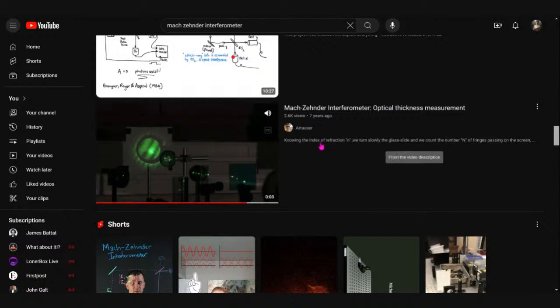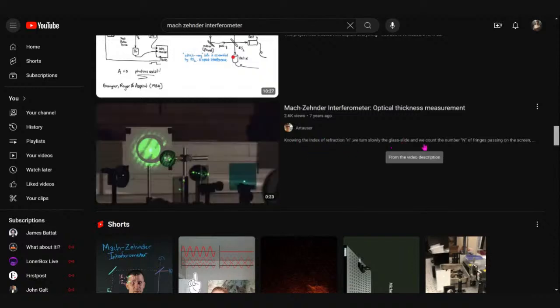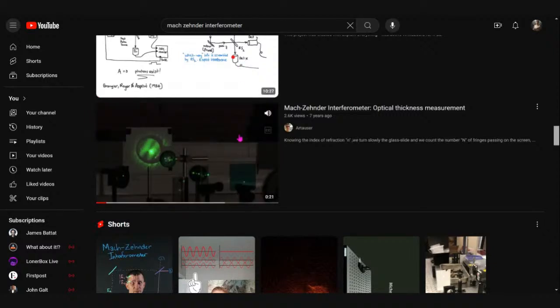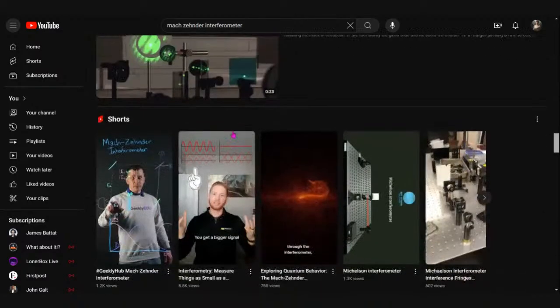So knowing the index of refraction n, we turn slowly the glass slide and we count the number n of fringes passing on the screen. Yeah, that's how interferometers always work. What is he turning? I don't see what he's turning. The glass slide, I don't know what he's turning.